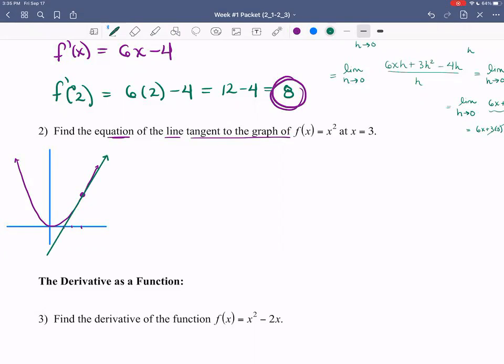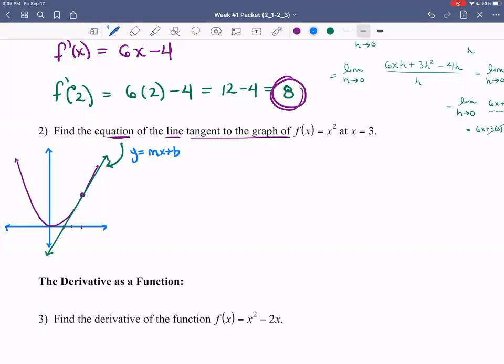We want to know not just the slope of this tangent line, or the derivative, we want to know the equation of this tangent line. So if we use notation of x and y, what we want to find is the y equals mx plus b equation of that line.